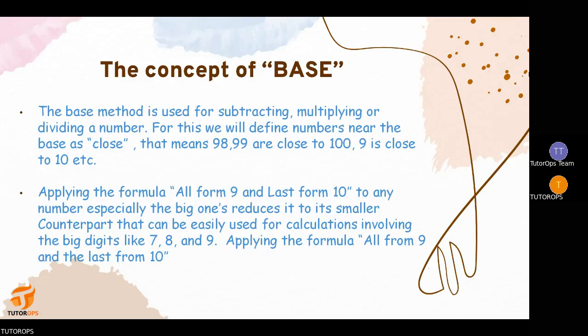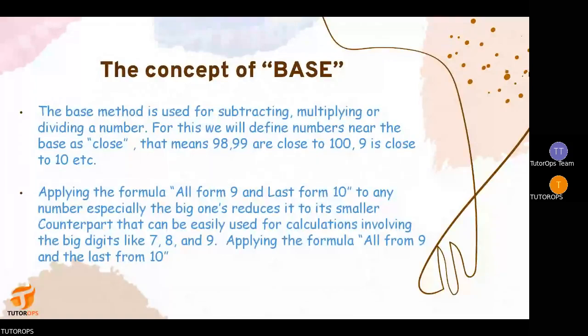So basically, we are doing like we have done in addition. If we can remember, in addition, we have done the completion method. So in this also, we are basically taking the numbers to their nearest base. Okay. So what is the profit of taking a number to its nearest base?